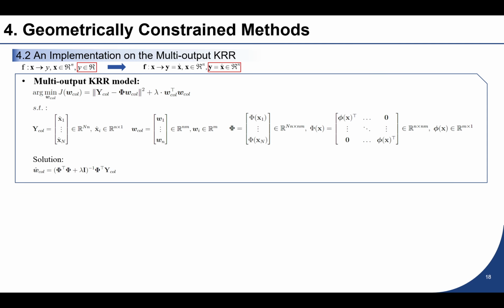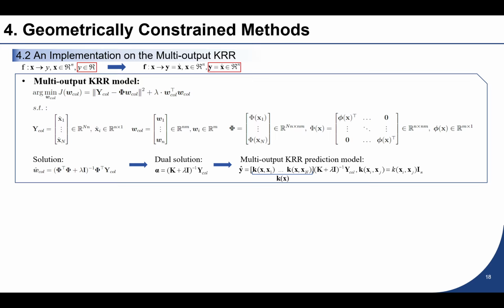The optimization minimizes the data mismatch with an L2 regularization term, resulting in a closed-form solution. Similar to the scalar case, the primal solution admits an equivalent dual representation, where predictions still depend only on kernel evaluations between the query point and the training samples. This yields a compact prediction model expressed through the kernel matrix K.